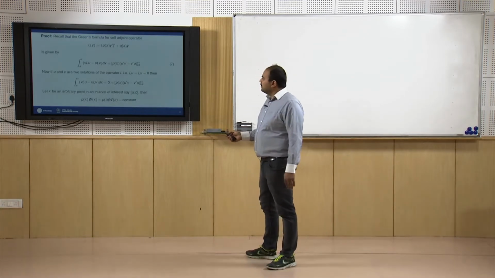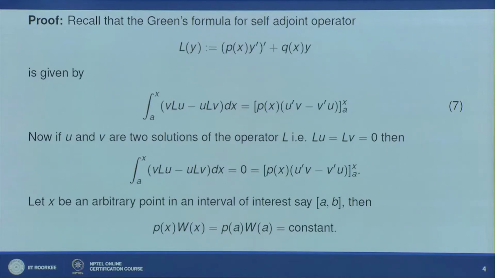So if you remember, we have already discussed Green's formula for this self-adjoint operator. If we take the operator Ly, defined in this self-adjoint form, then Green's formula between a and x is given by the integral of (vLu − uLv) dx equal to this quantity.